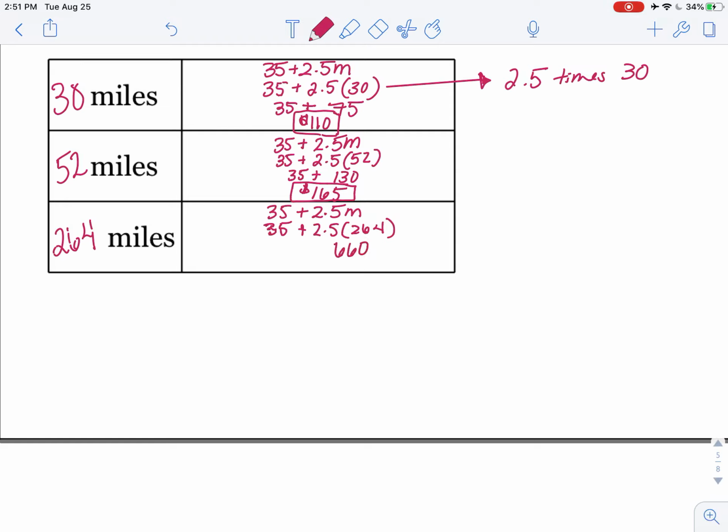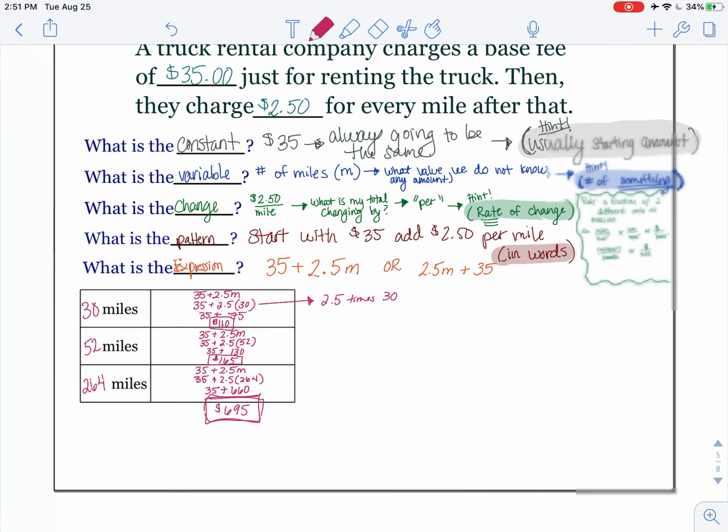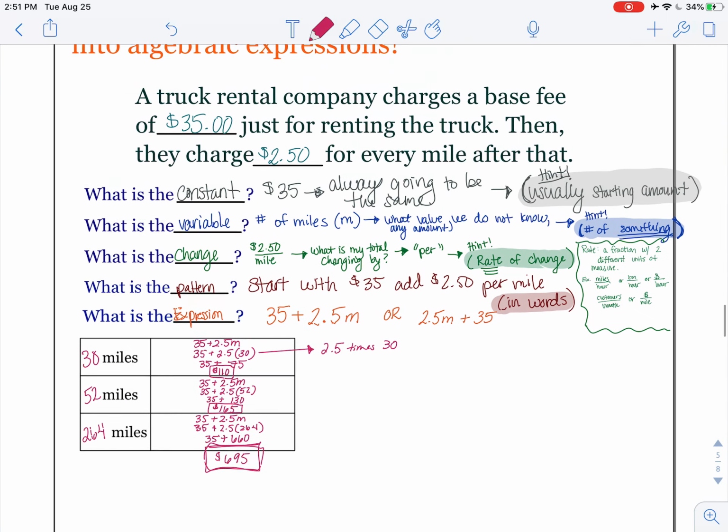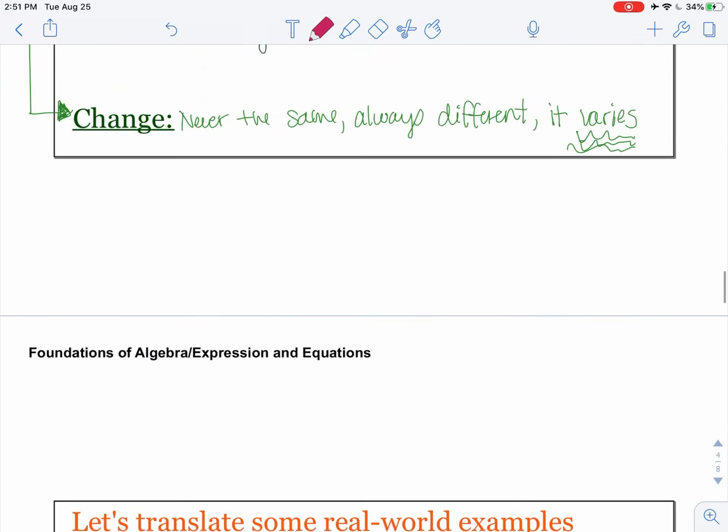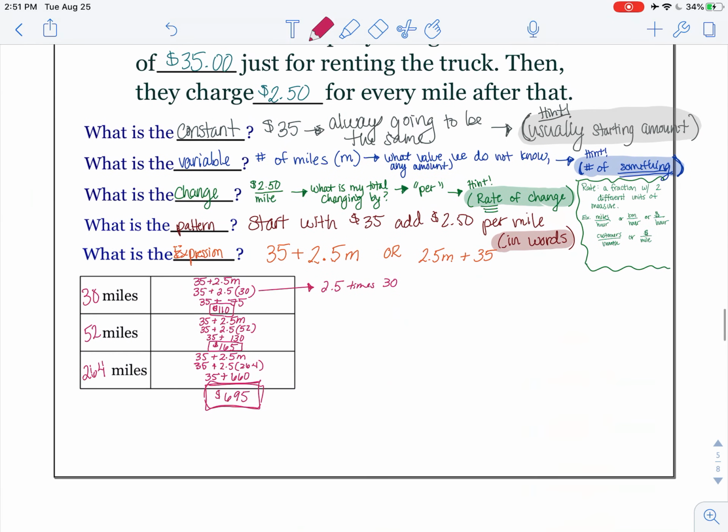That gives me 660 plus the $35 for a total of $695. So that is how we identify the different parts in a word problem, these different vocabulary words.